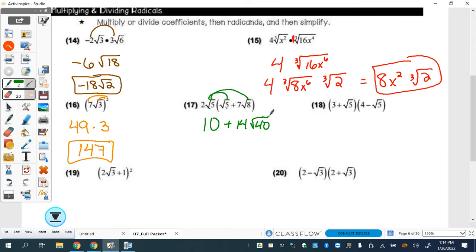What is our perfect square that can come out of 40? 8 is not a perfect square, that's a cube. The perfect square that can come out of 40: 4. Square root of 4 is 2 times the 14 that was there is 28. Radicals always go at the end. Just like your eyes always win at the end, radicals always go at the end.